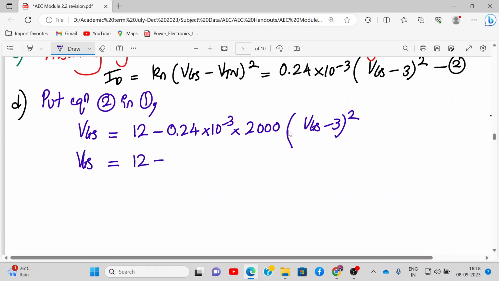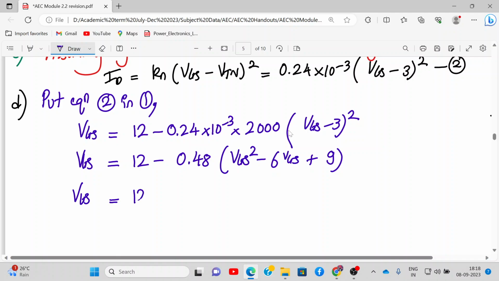So it is 12 minus 0.48 into (a square minus 2ab plus b square), that is (VGS minus 3) the whole square. Now we open the bracket.